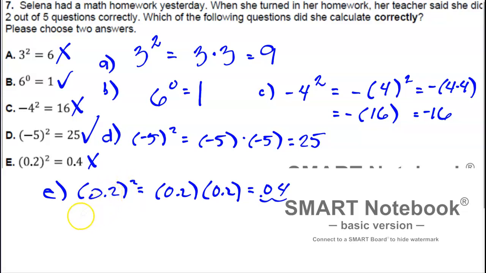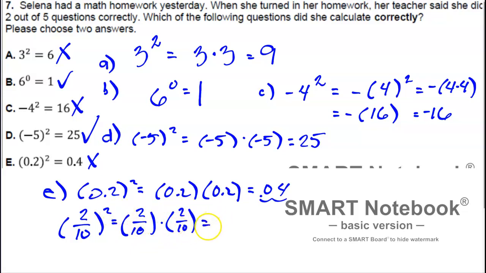This is 2 tenths squared, which means this is the base, 2 tenths, times itself 2 times, and this you guys know how to do really awesome. 2 times 2 is 4, 10 times 10 is 100, so we get 4 hundredths, which is the same as this answer. Again, some of this might take a little time. Put it in your notes, and as we move along, we'll review this to give you more practice. Appreciate your time, guys.